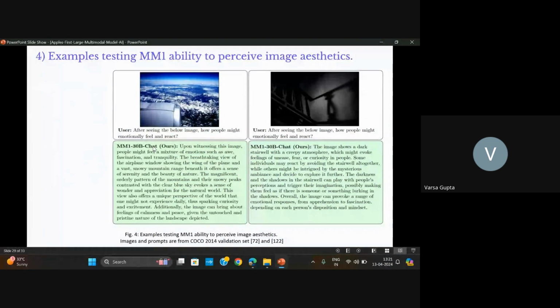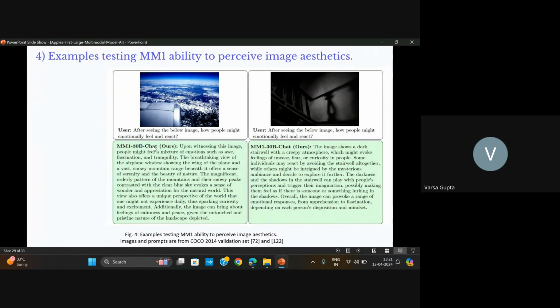Now in the fourth example, we are testing MM1's ability to perceive image aesthetics. There is a picture of an airplane, and the user asks, after seeing the below image, how might people emotionally feel and react?